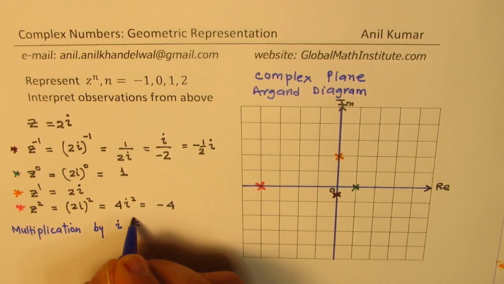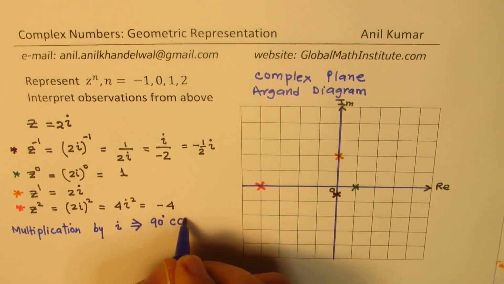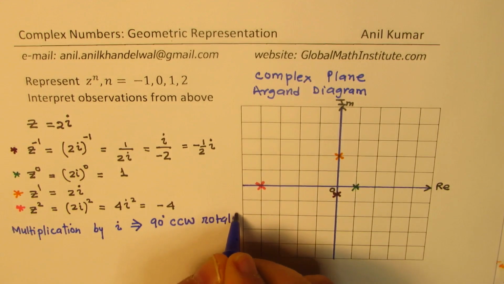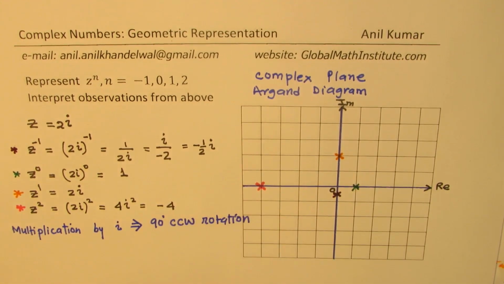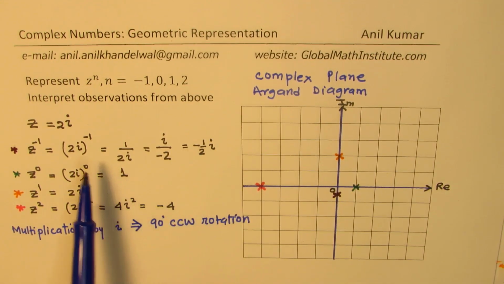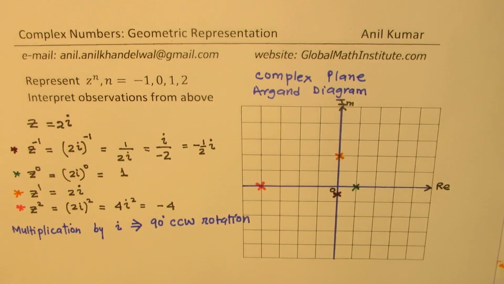It results in what? It is a 90 degrees counterclockwise rotation. That is one thing. Another thing which you notice here is the magnitude is, of course, the power of n. So every time you're multiplying by the magnitude 2.